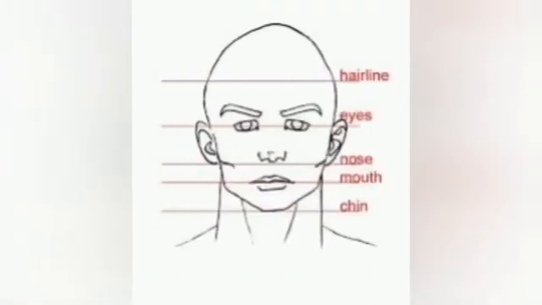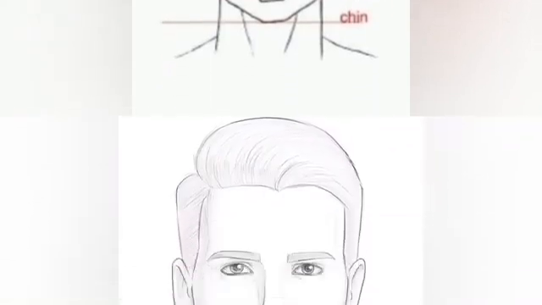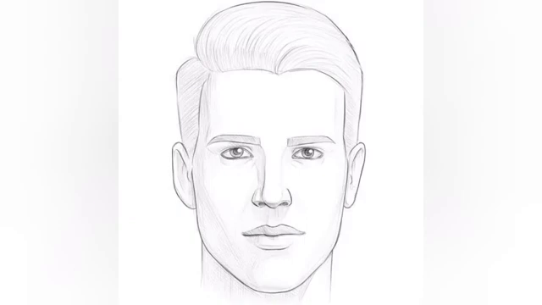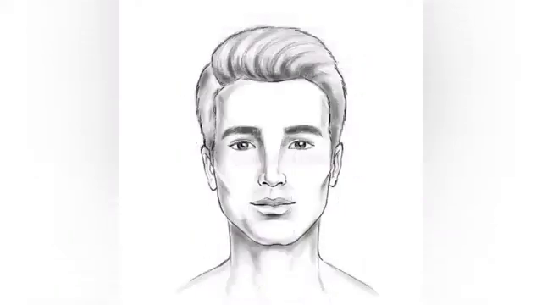The head should not be bigger than the body. And again, when drawing the human face, all parts must be accurately represented, in the sense that one eye should not be bigger than the other, and one ear should not be bigger than the other. They must be accurately represented in the same sizes.